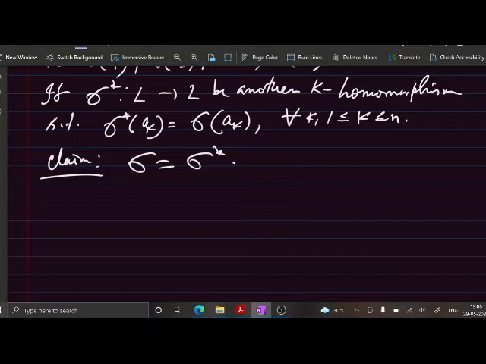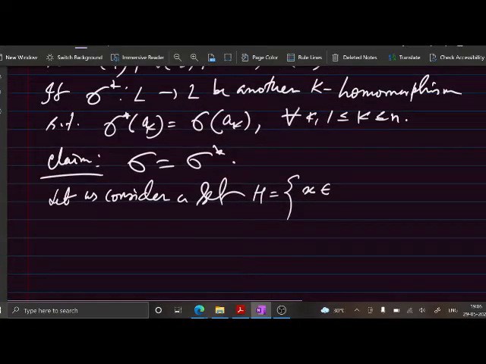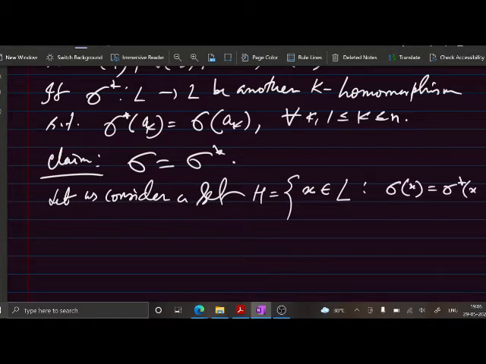Now what to do? Let us consider a set H, defined to be a set of all elements X belonging to L such that sigma of X equals sigma star of X. Okay.